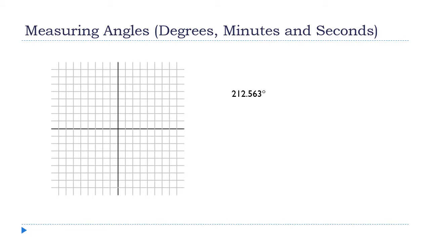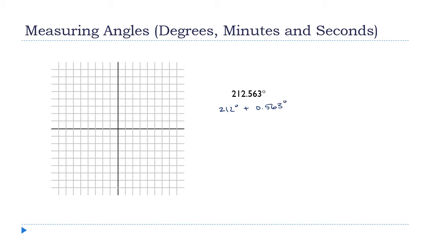All right, to convert decimal degrees, first you leave the integer part alone. That's always going to be the same in both versions. So I'll split the number into the integer part and the decimal part. 212 degrees plus 0.563 degrees.